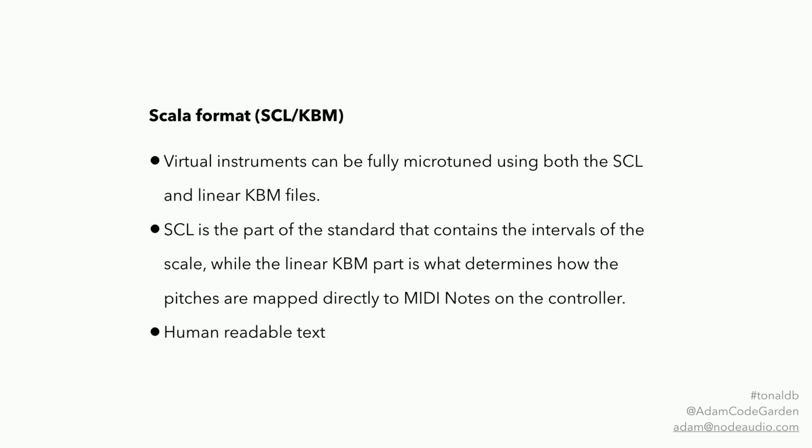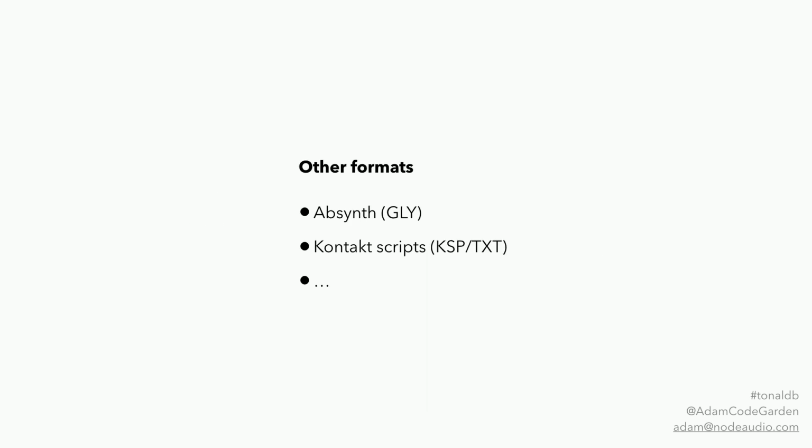And you really need both of them, and you need them to be properly implemented in order to have full flexibility of how you use a microtonal scale in a composition. There are other formats. Absynth has its own proprietary format. You can import scripts into Kontakt to retune them as well, and there are probably some others which I won't go into now.